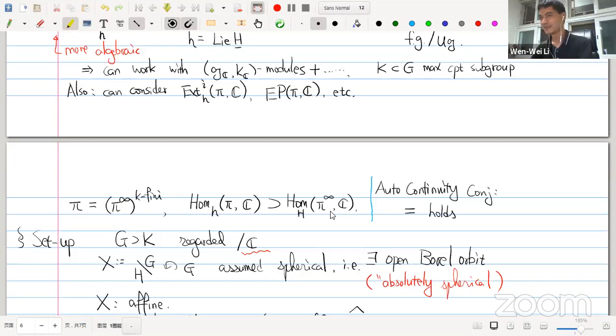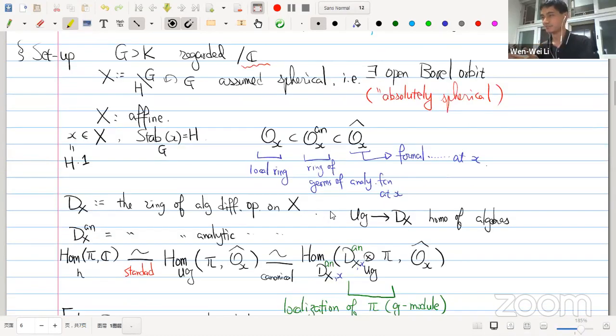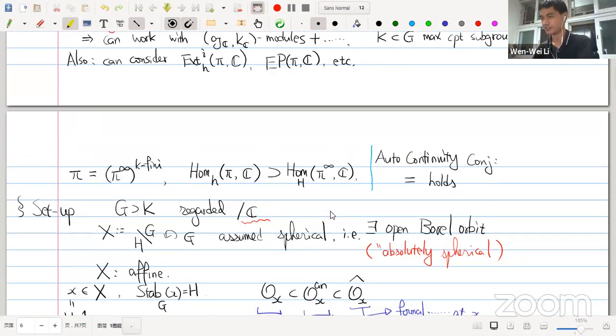I don't know, because so far we don't have any further evidence of automatic continuity beyond the symmetric case. I know there's some work by Eisenberg, Klotz, Gurevich, Liu.